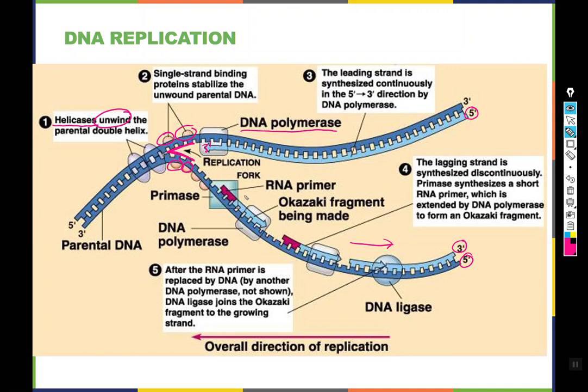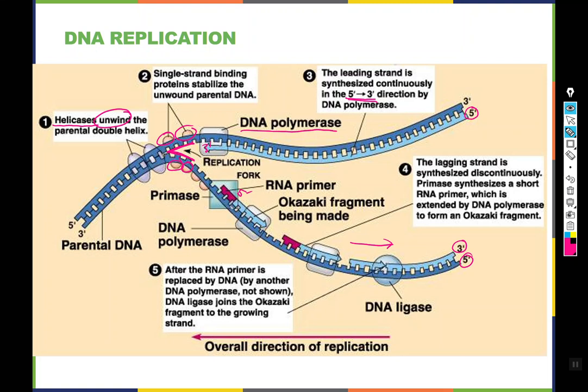So it's going to provide a 5' end for DNA polymerase to work from, because remember, it likes to synthesize in the 5' to 3' direction. The 5' end of the RNA primer is where DNA polymerase can land and start from there.